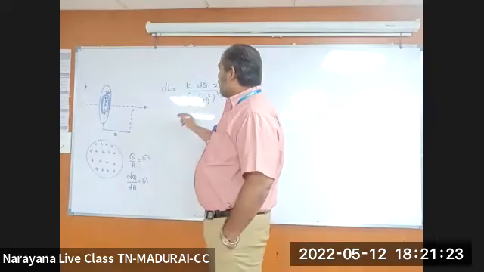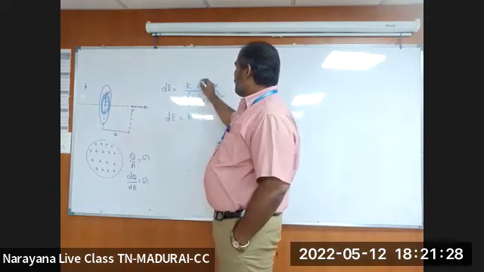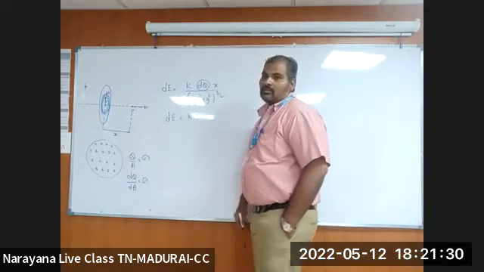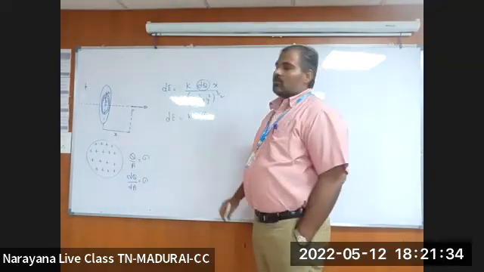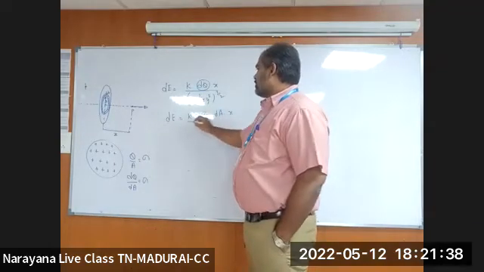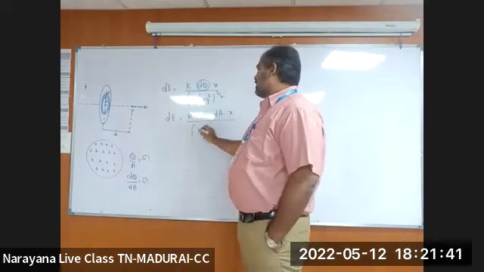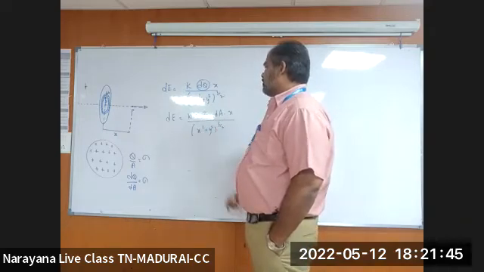Now what dq value can I write here? Sigma into dA. Sigma into dA, surface density into area of the ring, and into x, divided by x square plus y square, whole power 3 by 2.